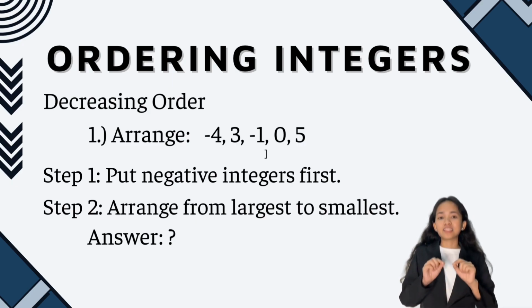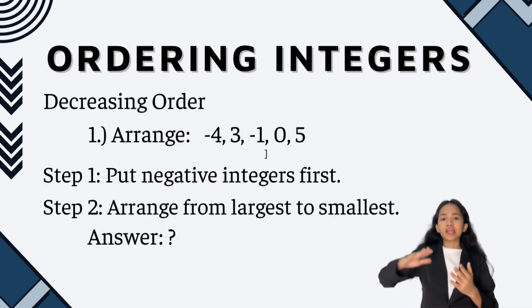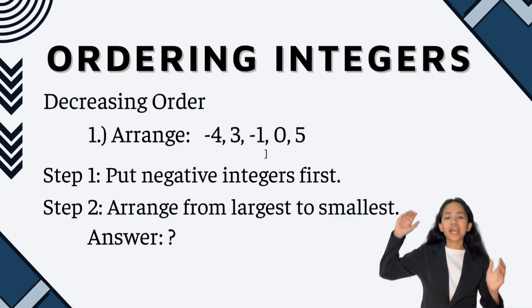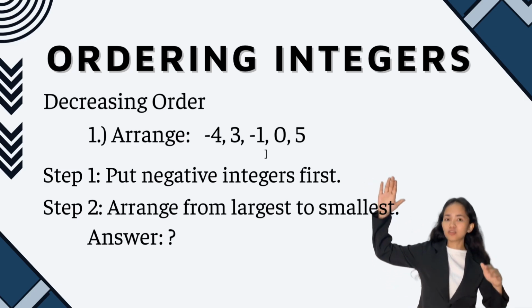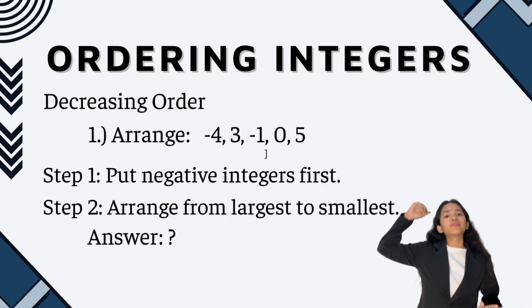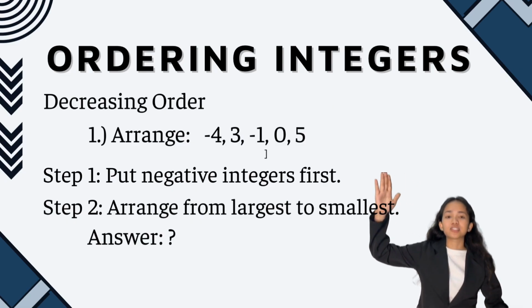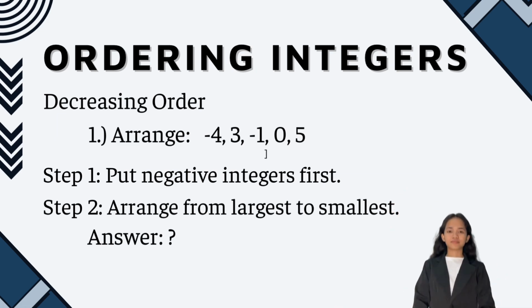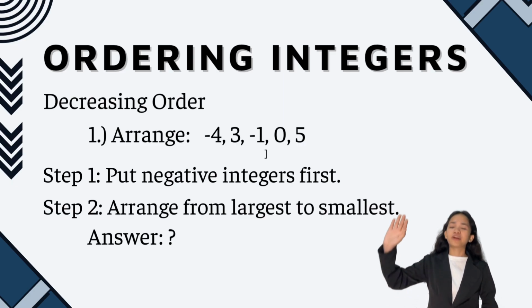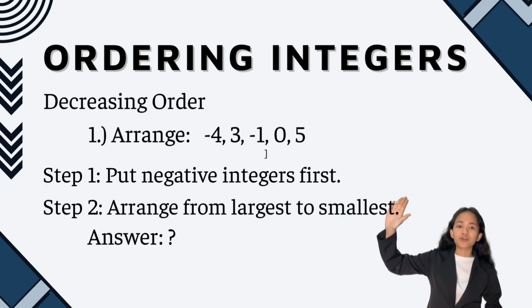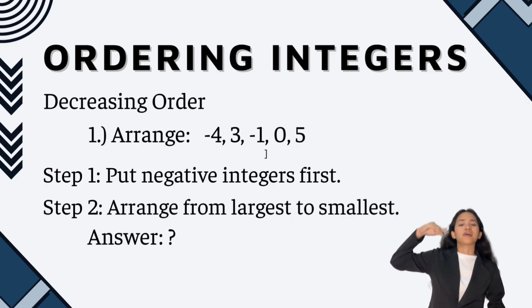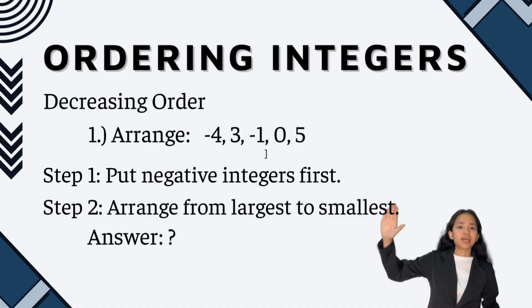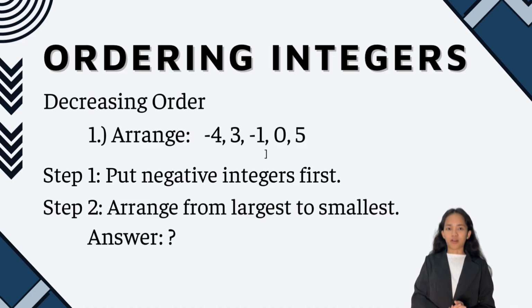In descending order, we arrange integers from largest to smallest, or from greatest to least, just like in the example.